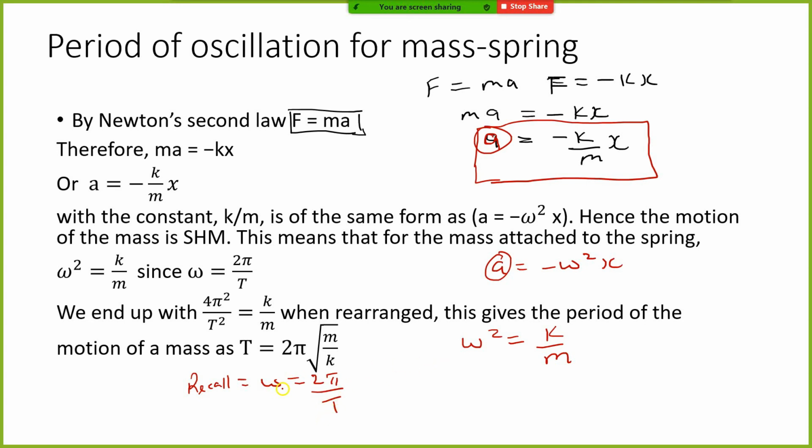Because we know that omega is equal to 2 pi divided by T, we can substitute that here to say that 2 pi divided by T, all squared, is equal to k divided by m.